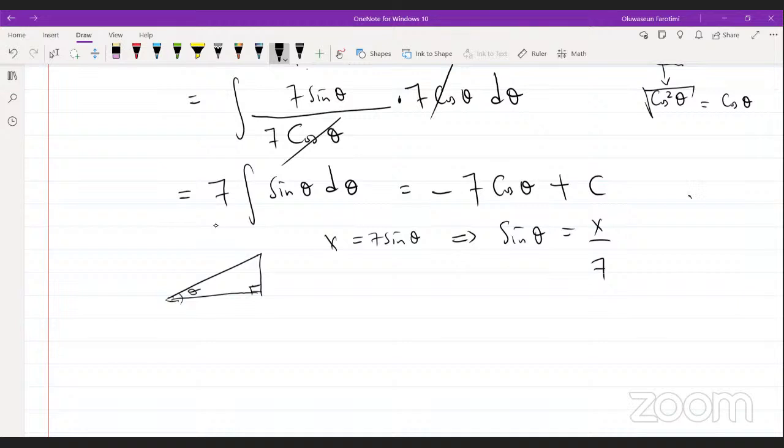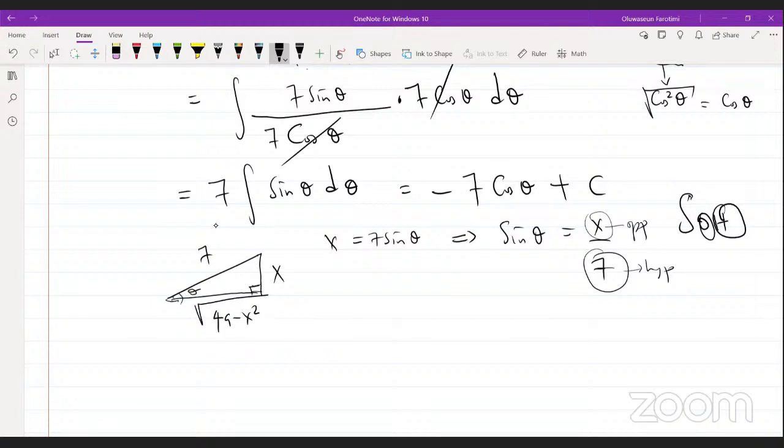I remember when you have sine, opposite and hypotenuse. So that means this guy is the opposite, and this guy is just the hypotenuse, right? Opposite, hypotenuse. Similarly, you use the idea of the Pythagorean theorem to find the adjacent. If you do that, you're going to get the square root of 49 minus x squared. You can actually confirm that, guys.